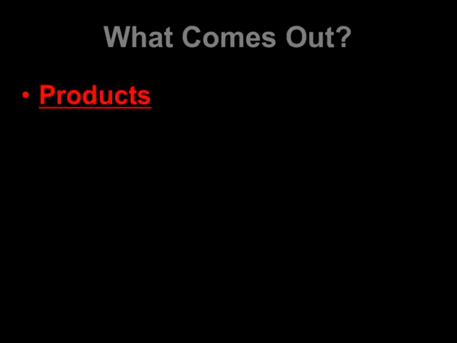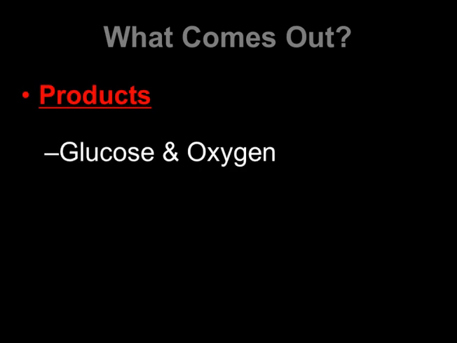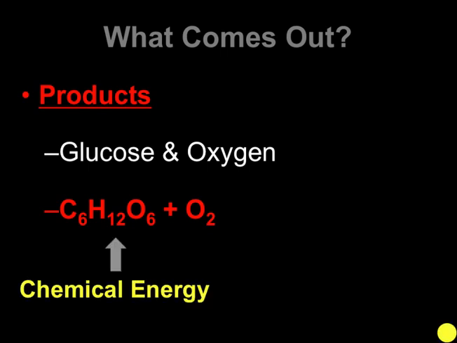What comes out, we're going to call products. These are the things that are produced by the reaction. And in the case of photosynthesis, these are glucose and oxygen. Glucose is C6H12O6 and O2 for oxygen. So glucose, which remember is a carbohydrate, represents the chemical energy.